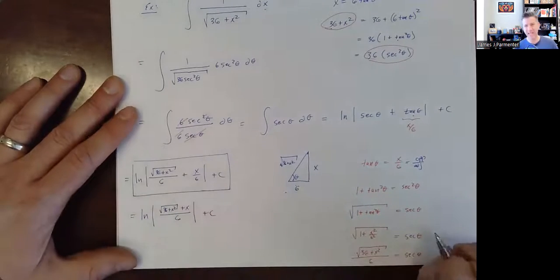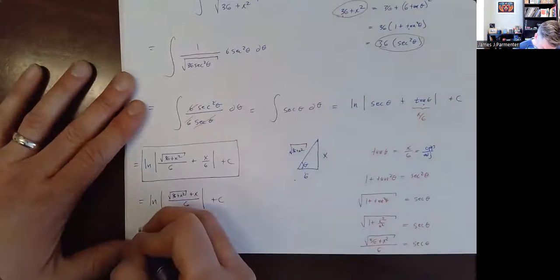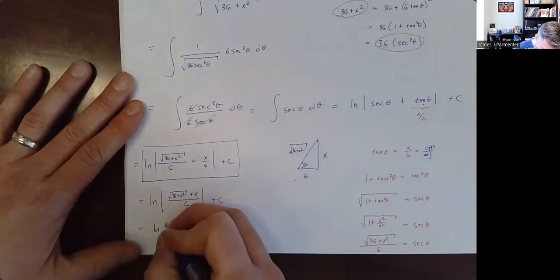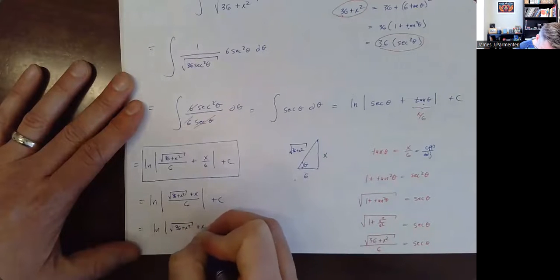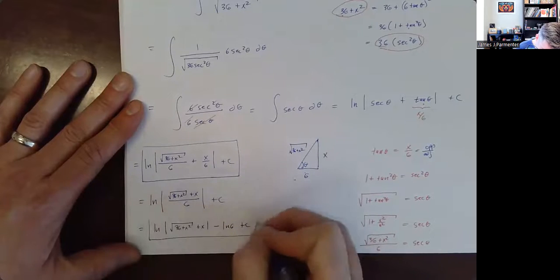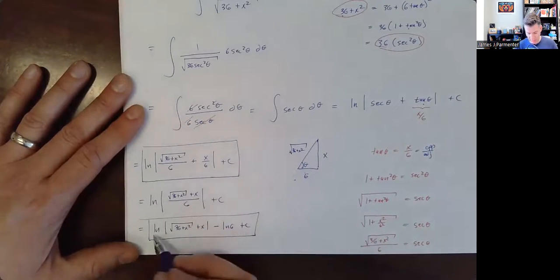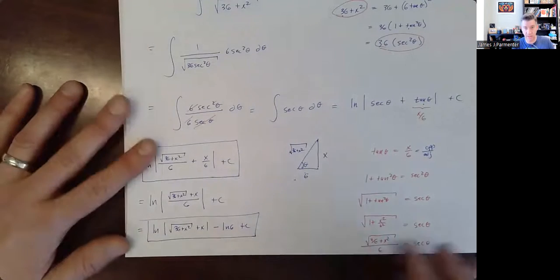They might even break it apart into two natural logs, which seems weird to me, but whatever. They might write this as the natural log of the absolute value of the square root of 36 plus x squared plus x, minus the natural log of 6, plus c. They might even eliminate this and just write it as the natural log of this plus a constant, because the natural log of 6 is just a constant that gets sucked up by that plus c there.